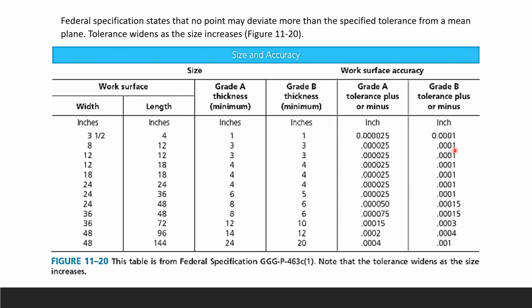Again, grade B, tolerance, the same thing. Grade A has a smaller tolerance when you compare it to here, because when you look at the decimal, here you see 1, 2, 3, 4, 5, 6 places. This decimal has 1, 2, 3, 4. So therefore, this tolerance is bigger or larger than this one. Therefore, grade A is better.